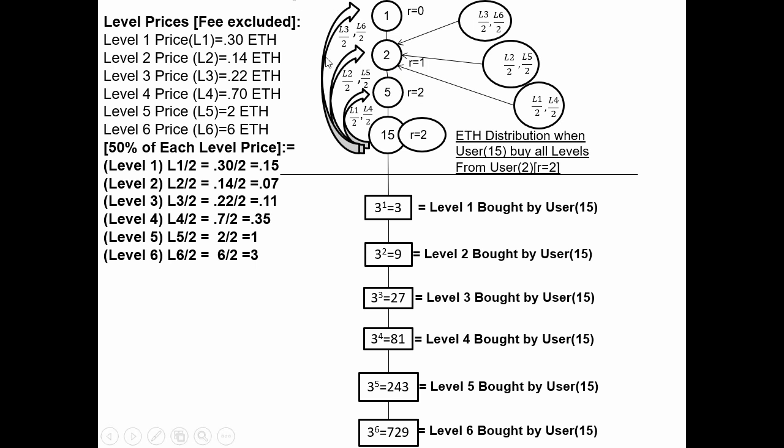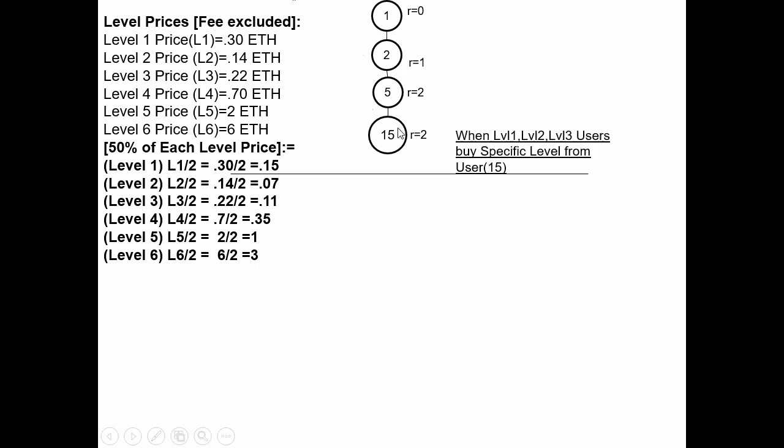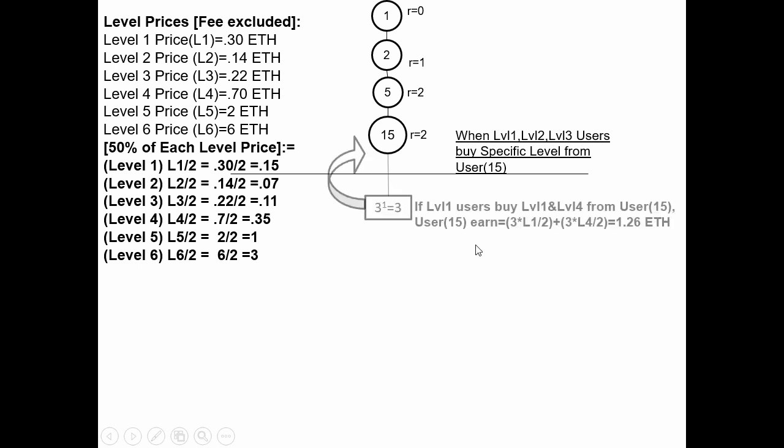Based on this, let me show again what will happen with user 15. Here you can see this user can add, or his upline people can add, users behind him. So this guy can add a maximum of 3 people in his first level.